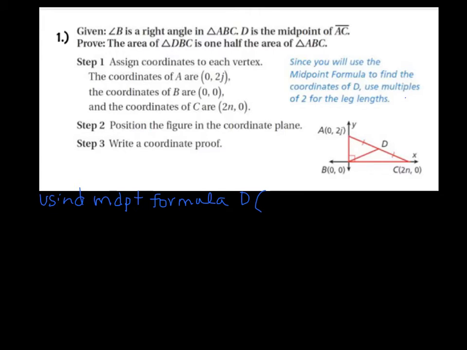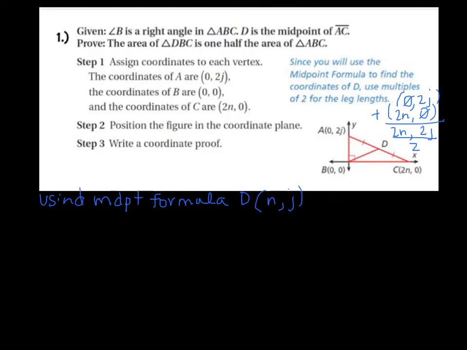So we have 0, 2j, and we have 2n, 0. You stack them and add them. So we have 2n, 2j divided by 2. So when I do that, I'm going to find out that the coordinates of D are going to be n, j. And you can see my work there.